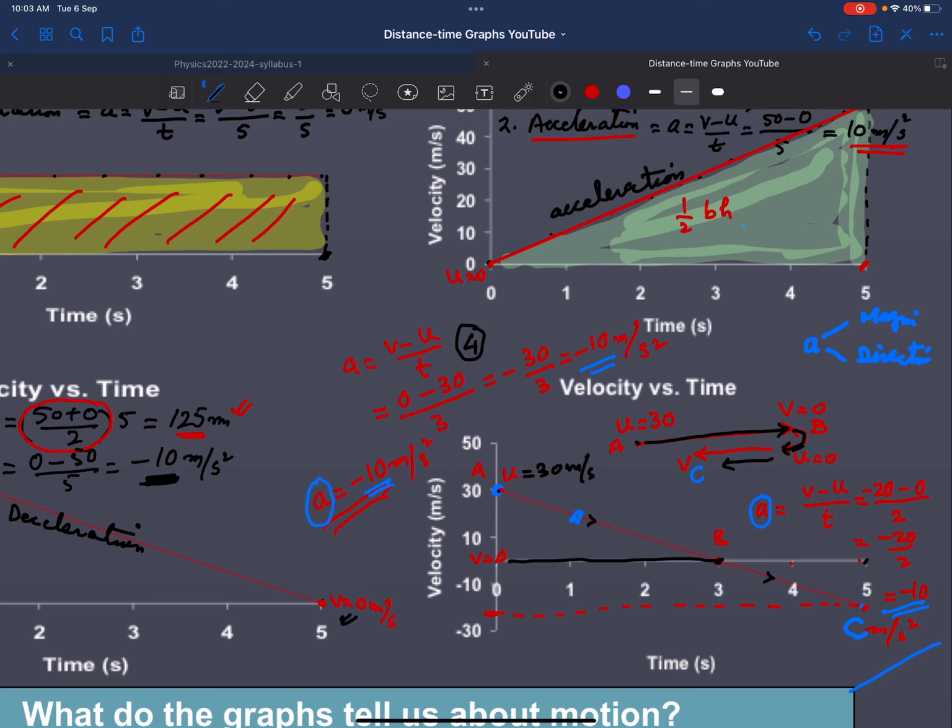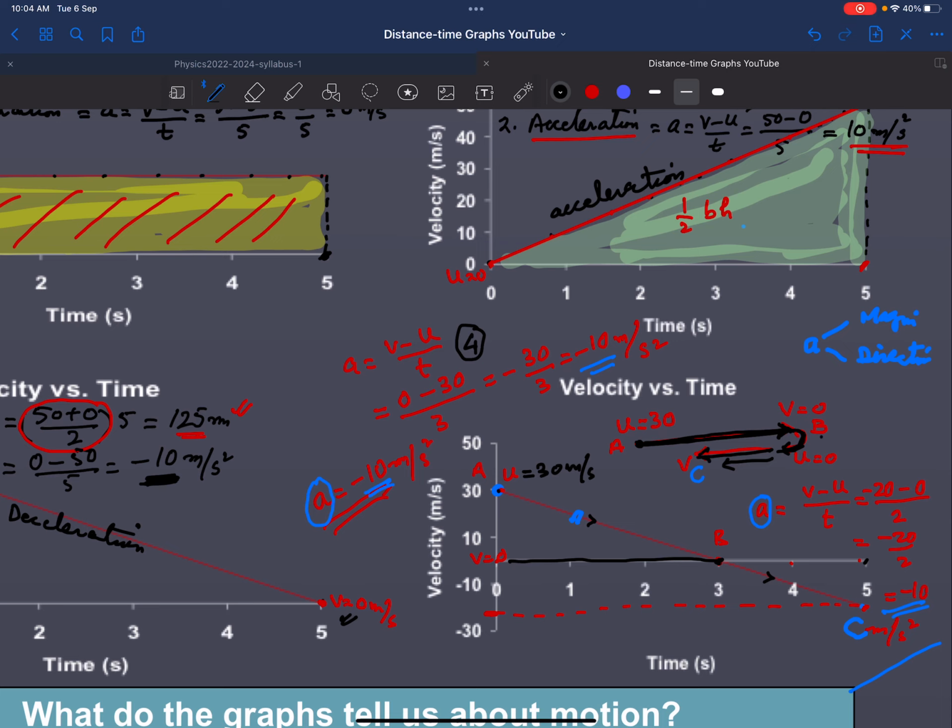So the positive velocity is decreasing from point A to B, which means deceleration is taking place between points A and B. But at B, what has happened physically is that from point A to point B, the velocity is in this direction and the velocity is decreasing. But at point B, the car, suppose, or the body in motion, takes a turn and goes back in the opposite direction.